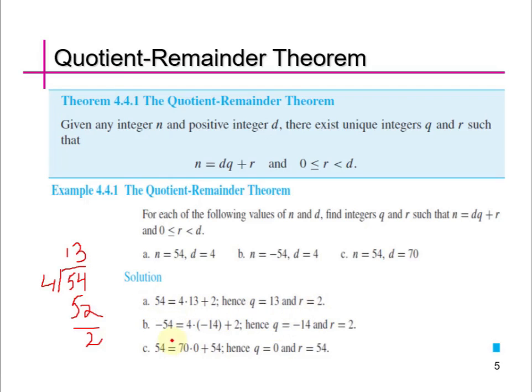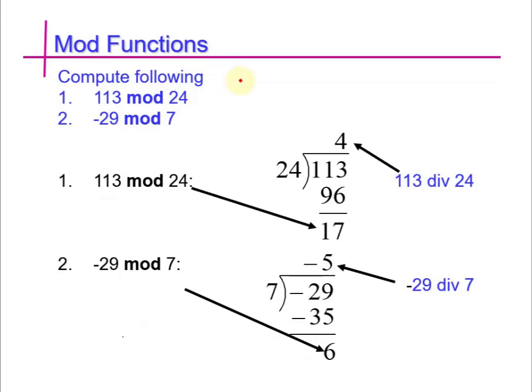So next examples can easily be seen. Now we study the mod function. So what is a mod function? When we divide an integer by some integer, we get a quotient, and if it is not a proper divisor, we get a remainder. So we see that when we divide 113 by 24, we get 4 as a quotient and 17 as a remainder.